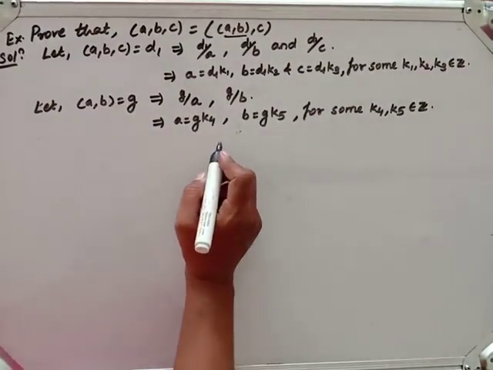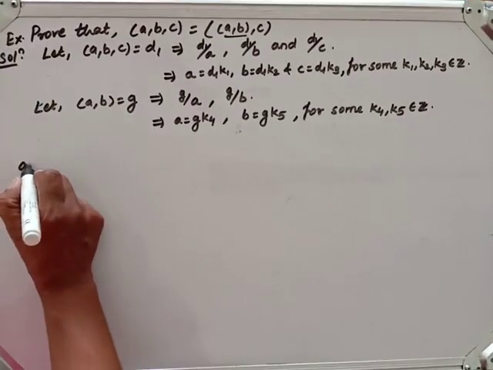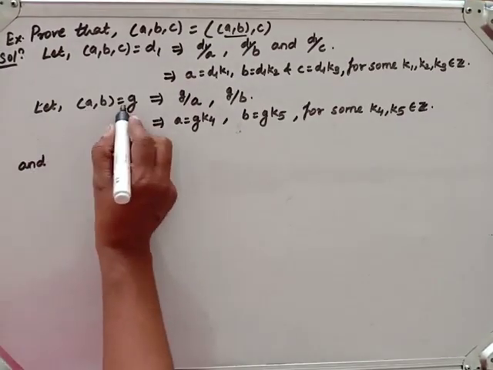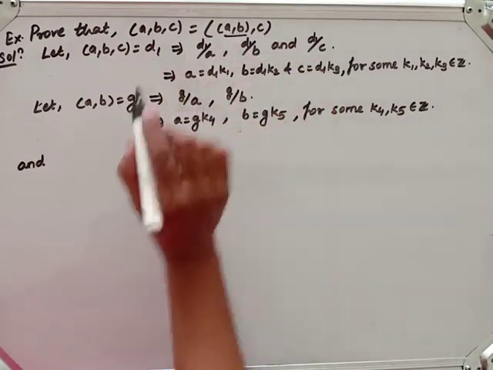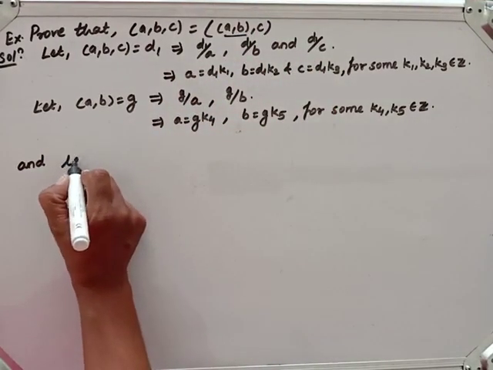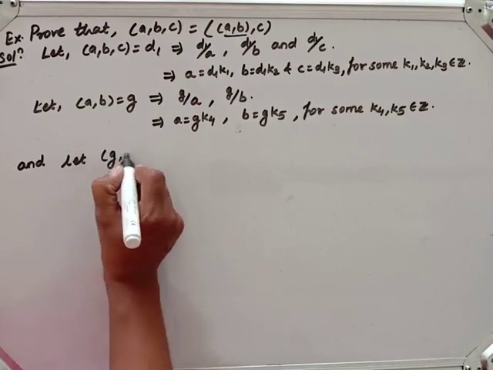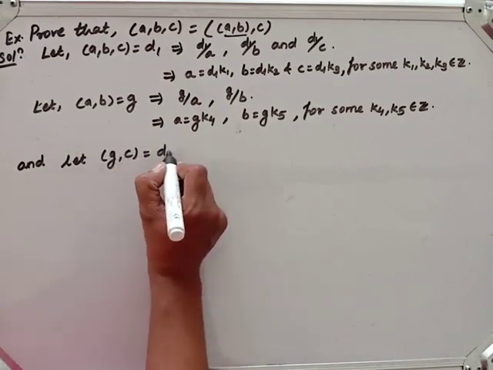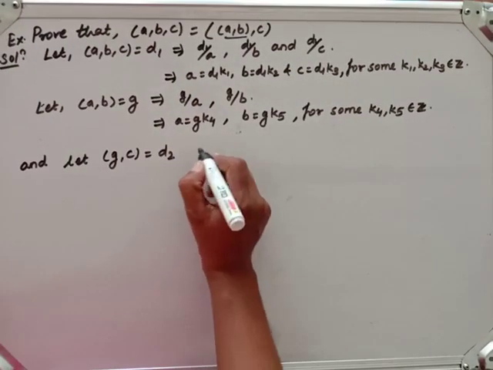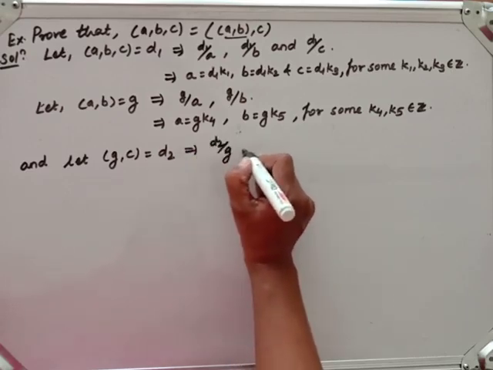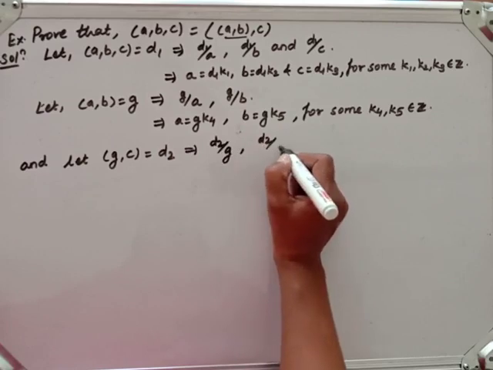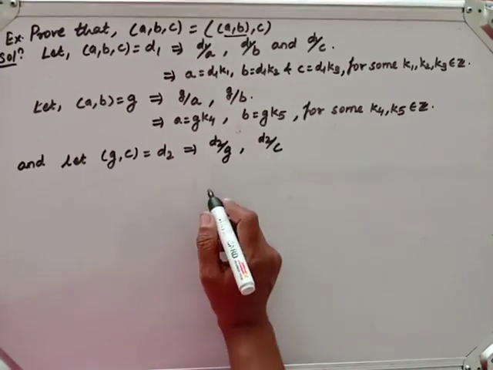Now let this GCD of A and B be G. So here I can consider GCD of G and C. So let GCD of G and C be D2. So this gives D2 divides G and D2 divides C also.